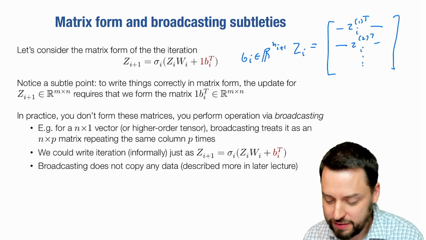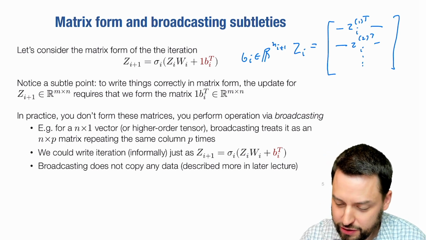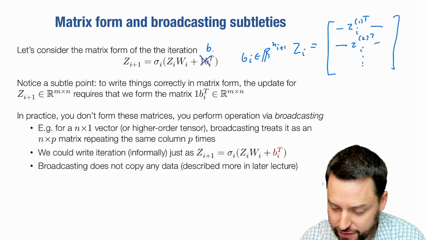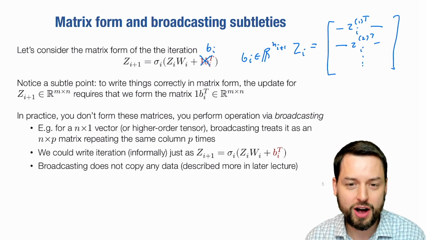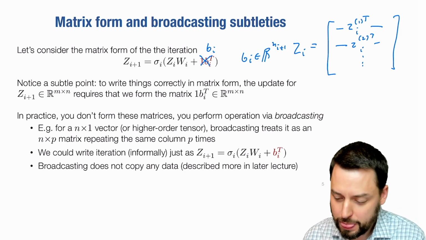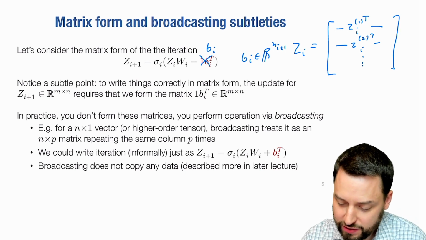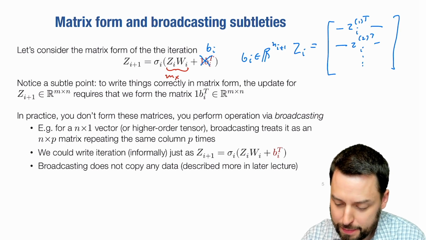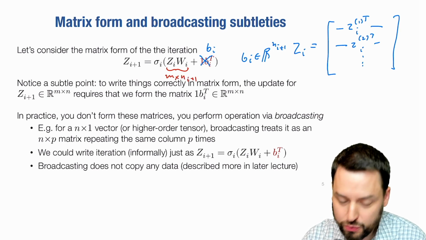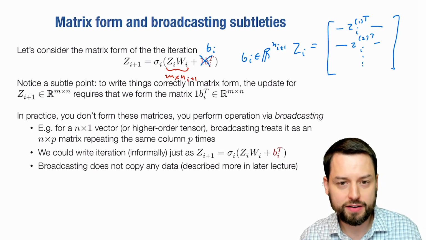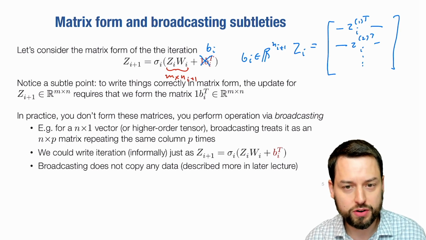What this means is, if we cross this out for a moment and just wrote this in terms of b_i, copying the notation from the previous slide, this really wouldn't work. Because this matrix here would be m by n_(i+1), and that's a matrix, and you can't add a vector to it. These sizes don't compute here.